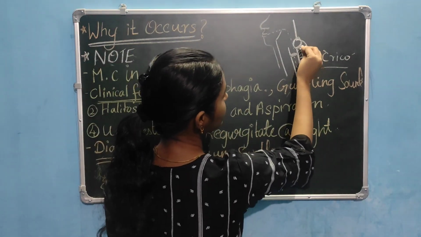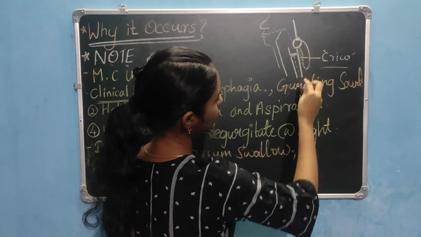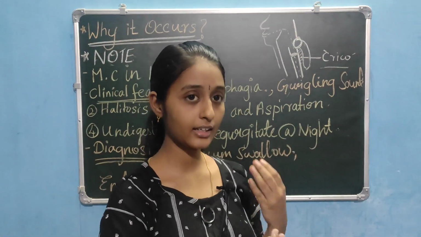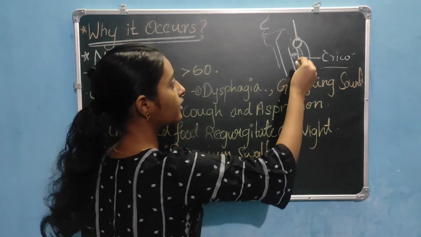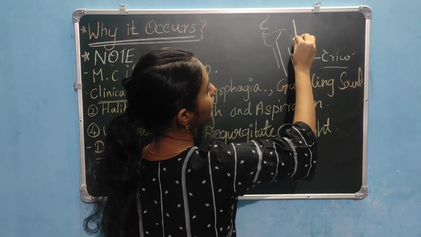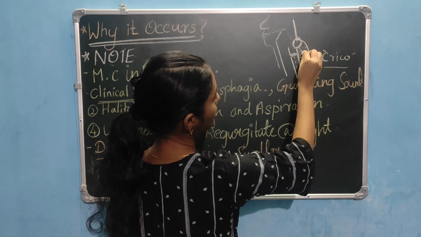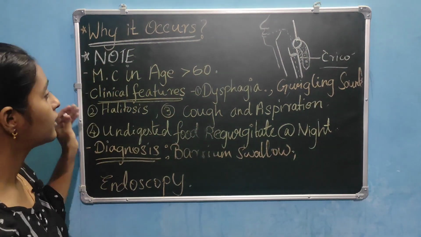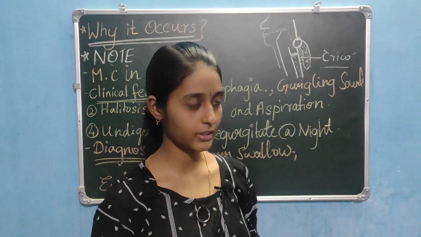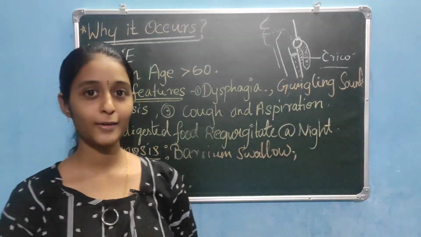It makes a pouch, and the size started increasing as the duration progressed. The food happily enters this pouch and stays inside it. This is the cause of Zenker's diverticulum. Now we are done with why it occurs.